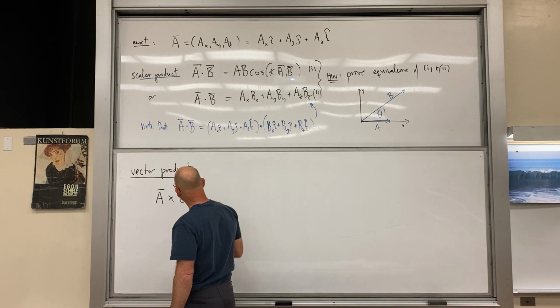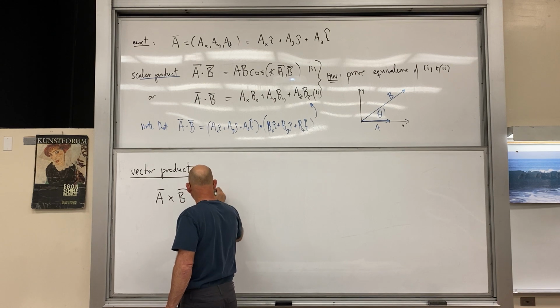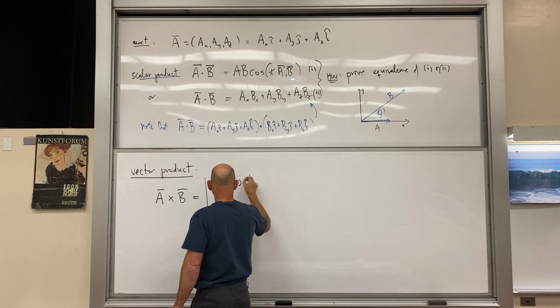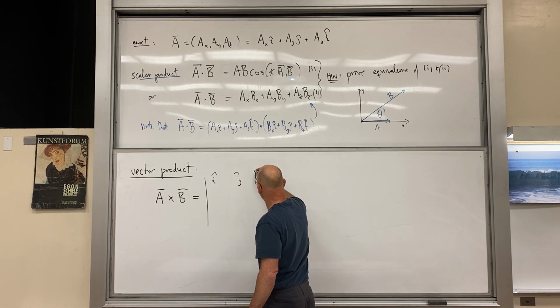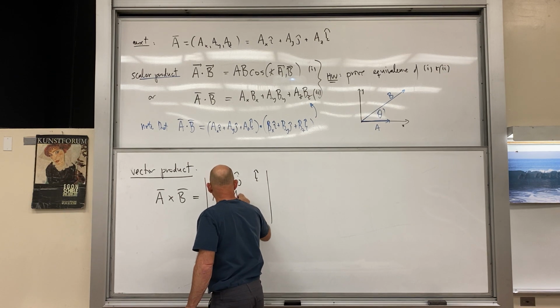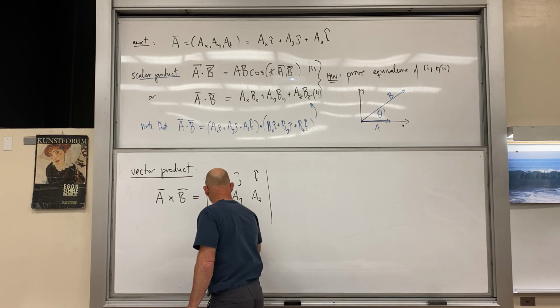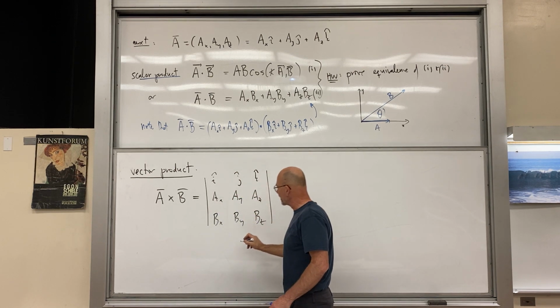So A cross B, I'm going to define it as, in this determinant formalism, you take your i, j, k hat vectors, and then you have your Ax, Ay, Az, Bx, By, Bz. And this is a determinant.